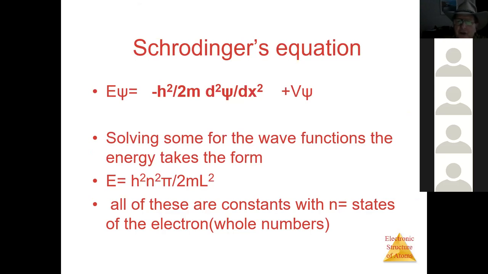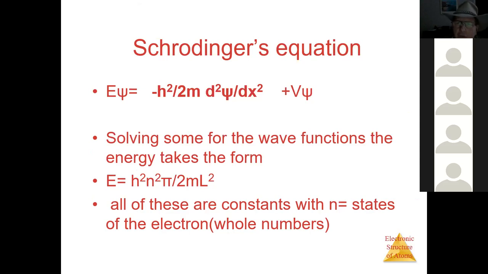Now, if we're dealing with just the kinetic energy, we have to realize h is a constant, pi is a constant, 2 is a constant, the mass of the electron is a constant, and the length of our box is a constant. n changes, but n changes only in whole number amounts.